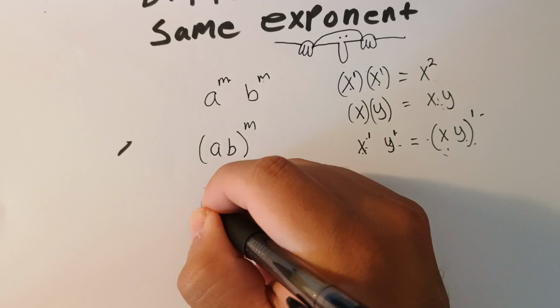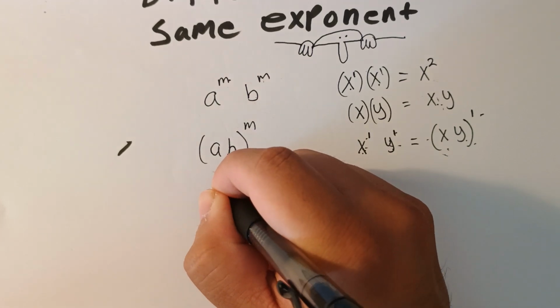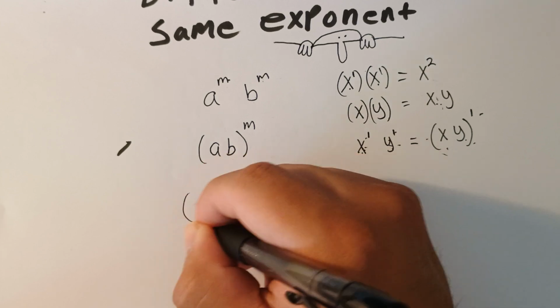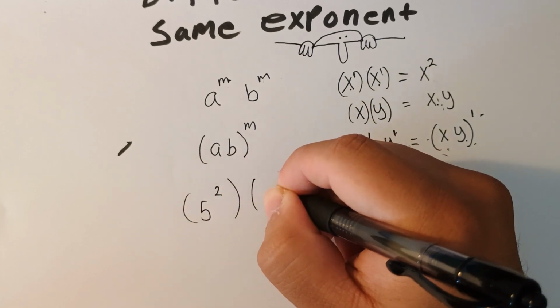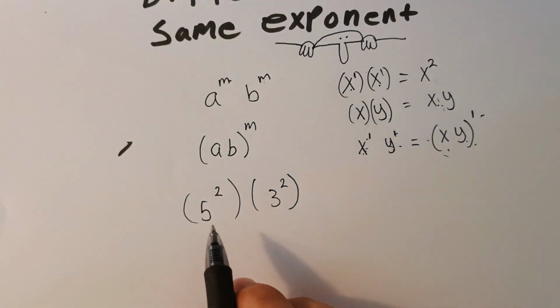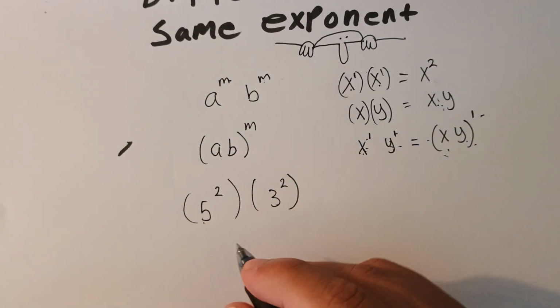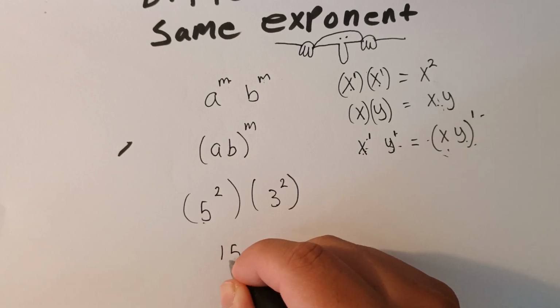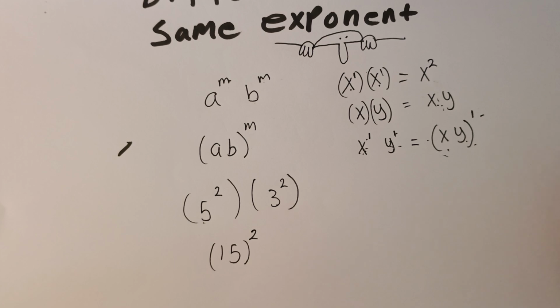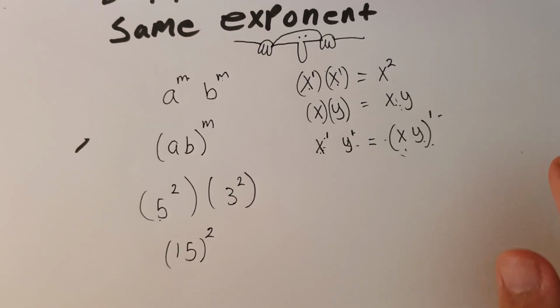So if I had, let's say, 5 squared times, I don't know, 3 squared, I would just multiply the bases. So I get a 15 and keep the exponent the same. Now I can work it all out if you want me to.